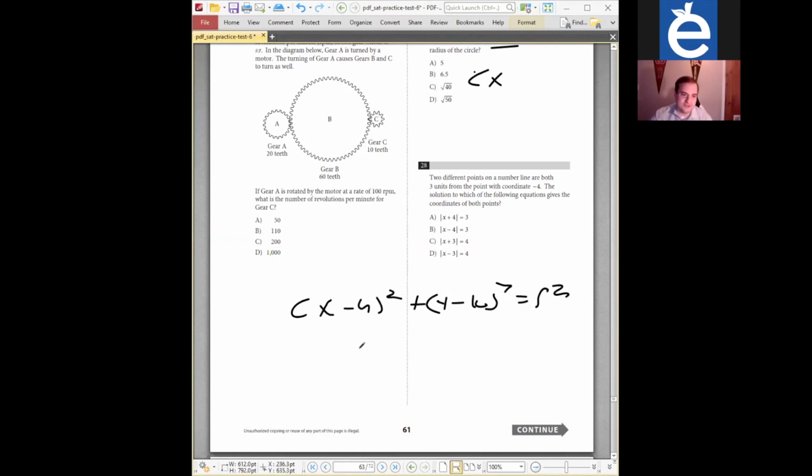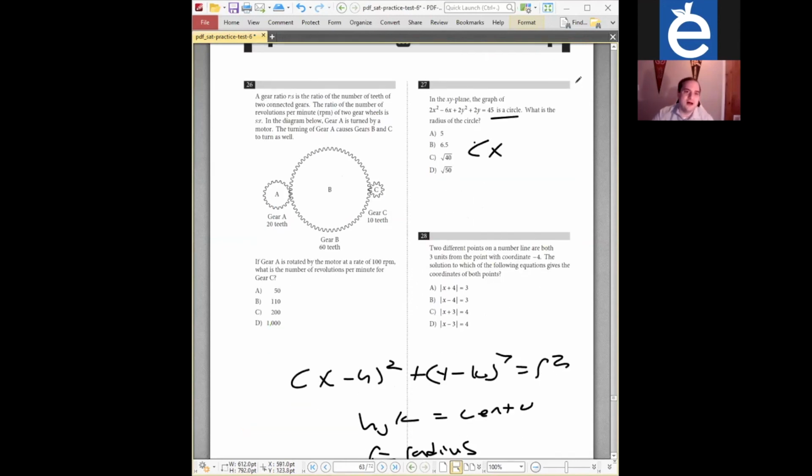That's the equation of the circle. Here, (h, k) is the center, and r, not r squared, r is the radius. So here, this is asking what is the radius of a circle? Well, somehow we need to make this look like this.